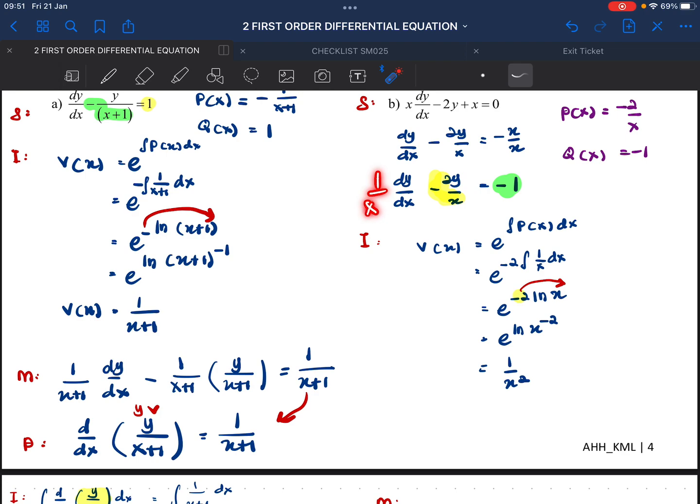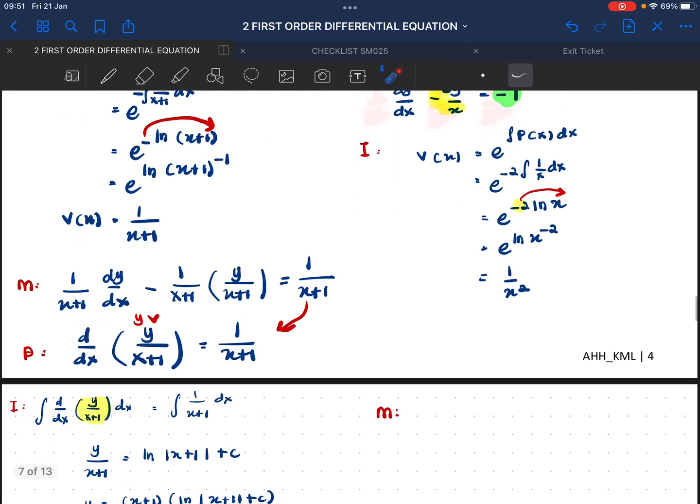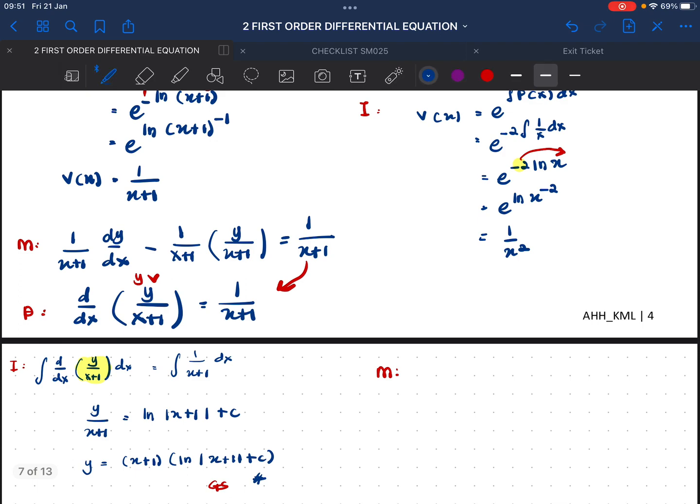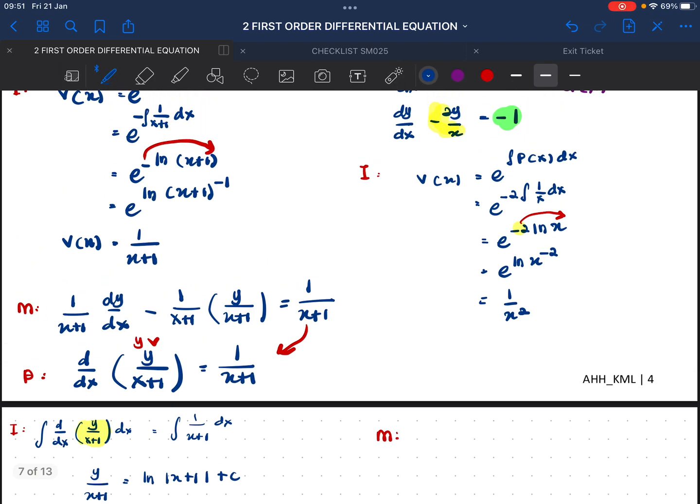That means 1/x² here, 1/x² here, 1/x² here. No need to simplify, just leave it. So we have (1/x²) dy/dx − (1/x²)(2y/x) = −1/x². Just leave it like that.